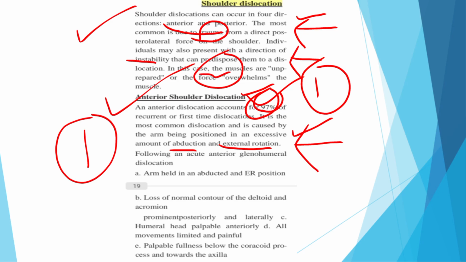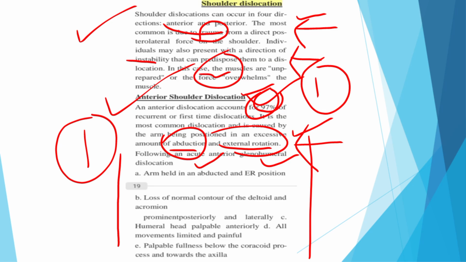Following an acute anterior glenohumeral dislocation, we can see these things: arm held in abduction and external rotation, loss of normal contour of the deltoid and acromion process of the scapula, prominent posteriorly and laterally, humeral head palpable anteriorly, all movements limited and very painful.